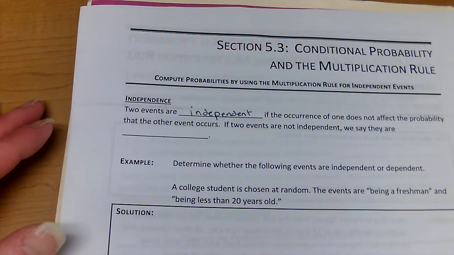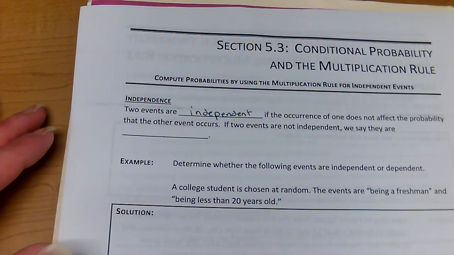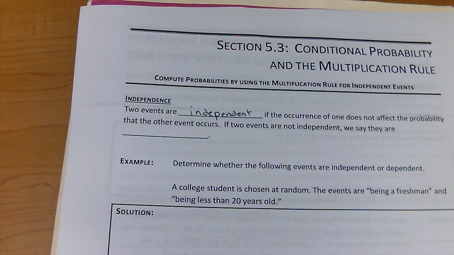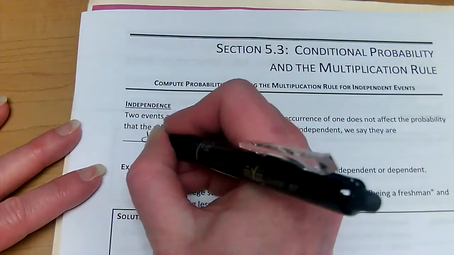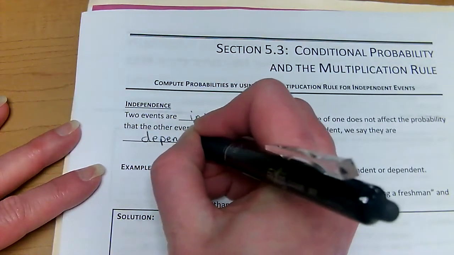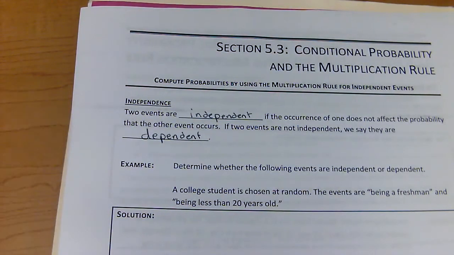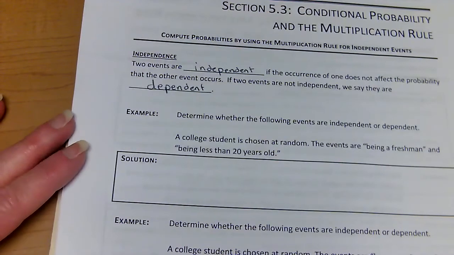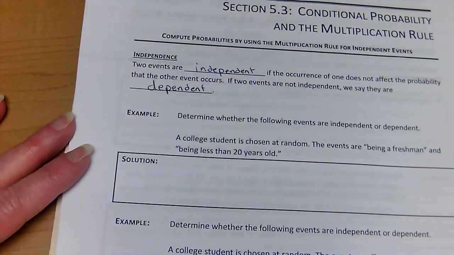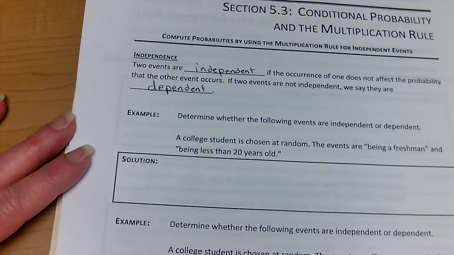If the two events are not independent, we say that they are dependent. Determine whether the following events are independent or dependent. A college student is chosen at random. The events are being a freshman and being less than 20 years old.